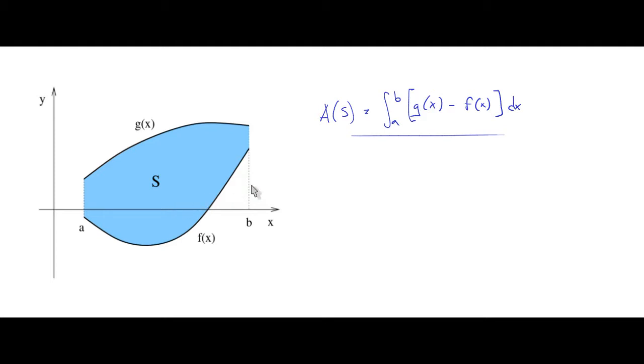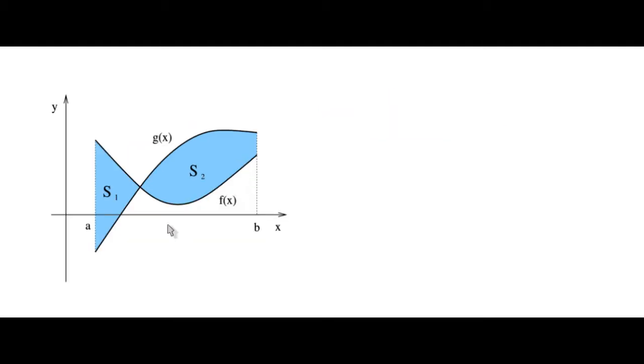But this is not general, because sometimes we have a function g like this and f like this that cross over, and we want the areas of these 2 regions. So what we want to do is find the point where f and g intersect. Here this is f and this is g.